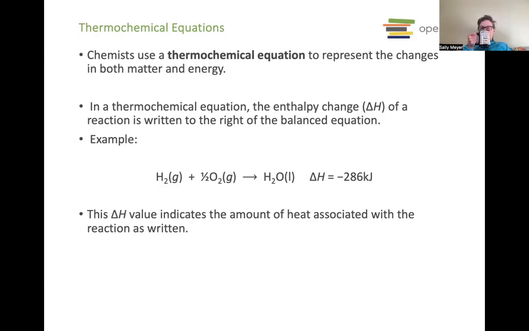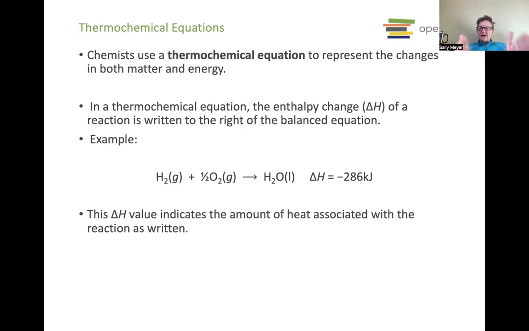In order to clearly communicate the energy transferred during a chemical reaction, we write the equation as a thermochemical equation. In a thermochemical equation, the enthalpy change of the reaction is written to the right of the balanced equation. You have this example, and the important thing is you notice I don't say the delta H for what quantity of this reaction.